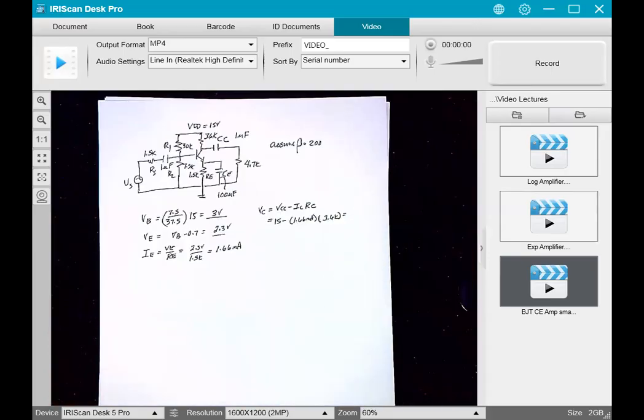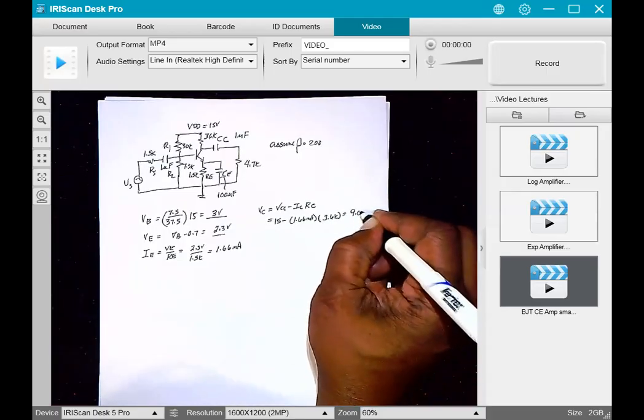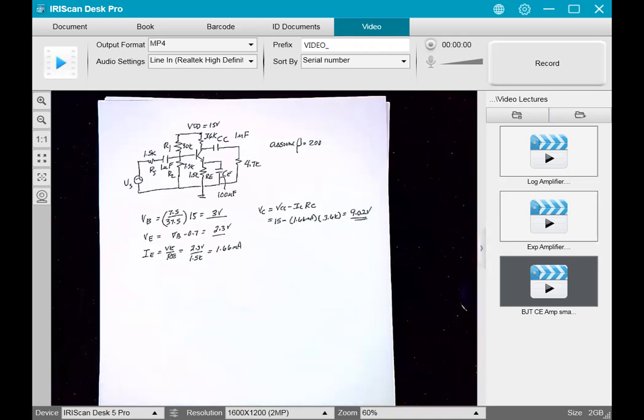It's about 9.02 volts, if I can still operate a calculator.